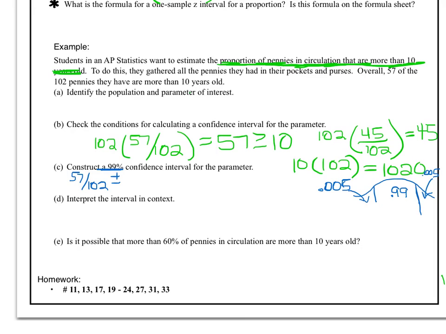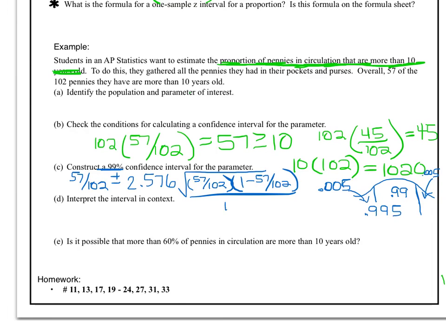So I could look up 0.995, or I could look up 0.005. Either one works. When I do that, I get 2.576, or 2.58 if you're using Table A. Then I do the square root of 57 over 102, which is p hat, times 1 minus 57 over 102, all over 102.